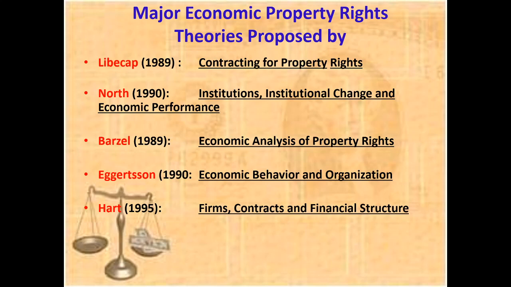If you look into Barzel's Economic Analysis of Property Rights, which is what we are using as a fundamental book, things are different. Eggertsson, Economic Behavior and Institutions, things are different. Then comes Hart's book, Firms, Contracts, and Financial Structure. There it is actually a different thing.